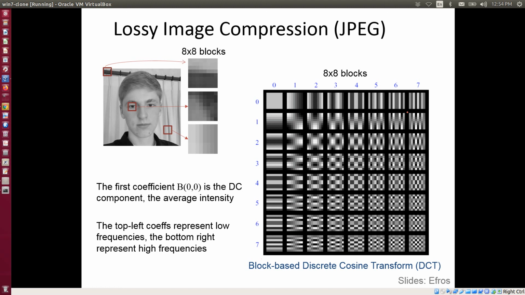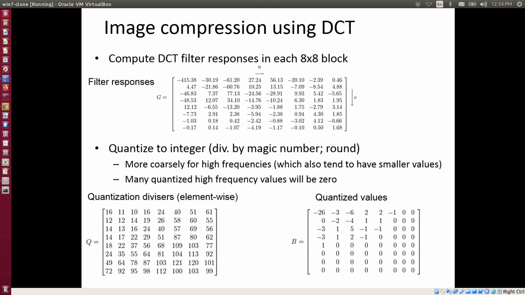You do a transform into some frequency domain, and then in the frequency domain, typically for all natural images, you will have a heavier DC component and low frequency components than high frequency components. So we will basically throw away most of the high frequency components, or compress them more.